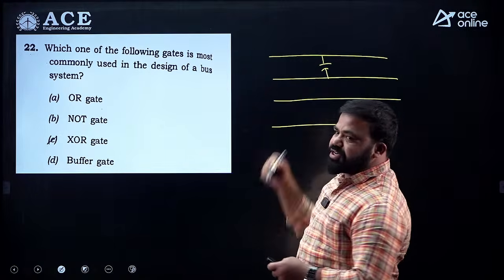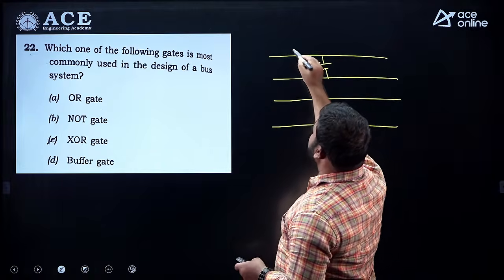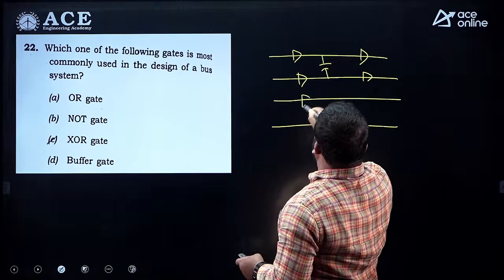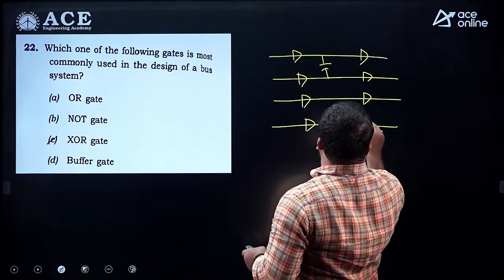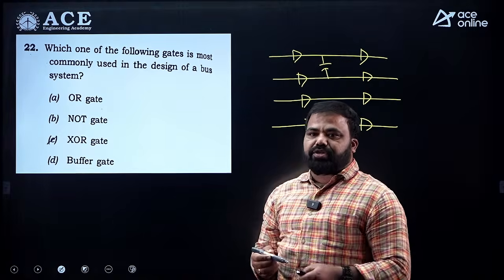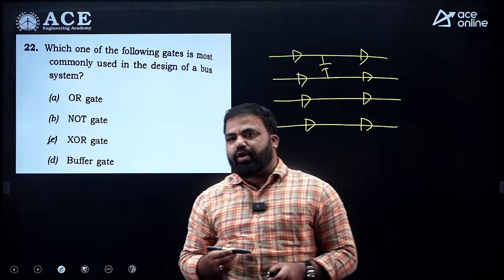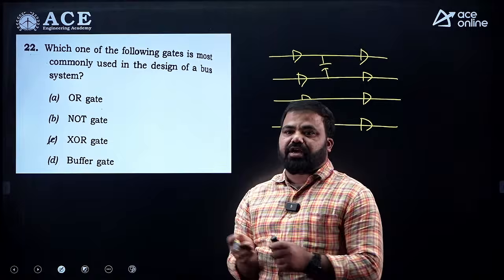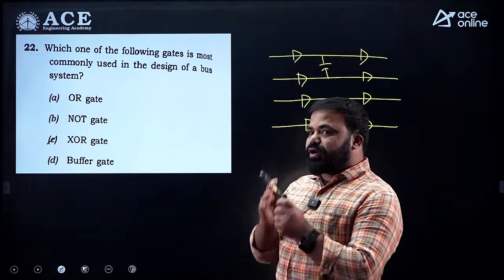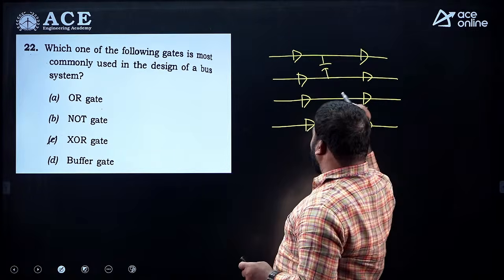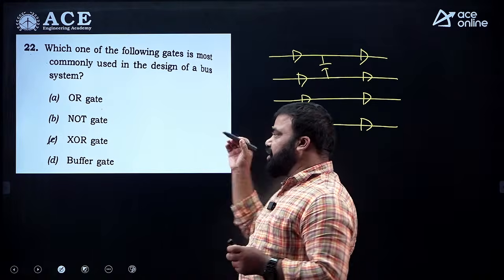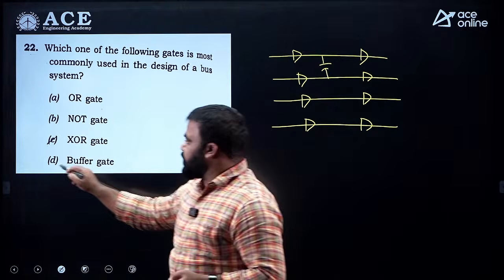If you are adding buffers, then crosstalk can be reduced. Without changing the functionality, it has to transmit the signal without the effect of crosstalk. When crosstalk has to be reduced, the net length must be reduced. For that we can introduce a buffer, so the answer is D.